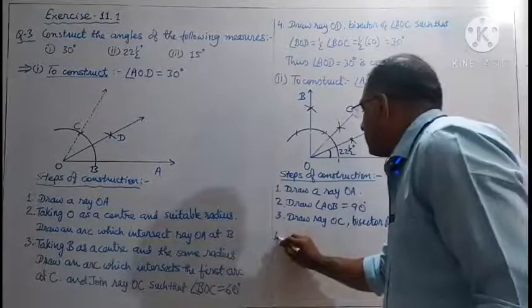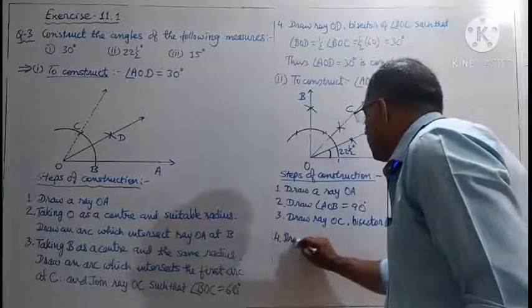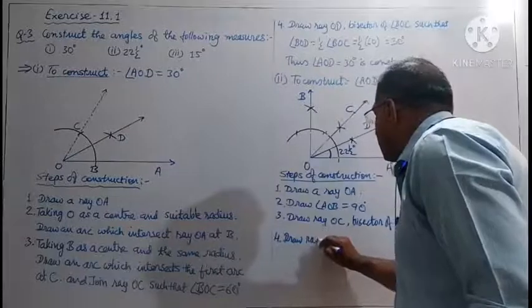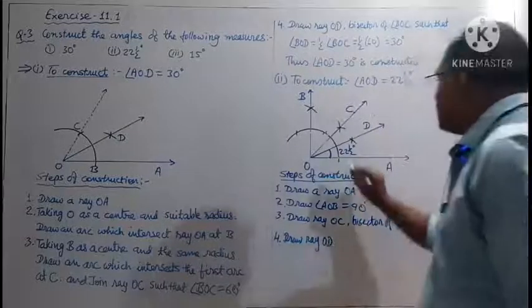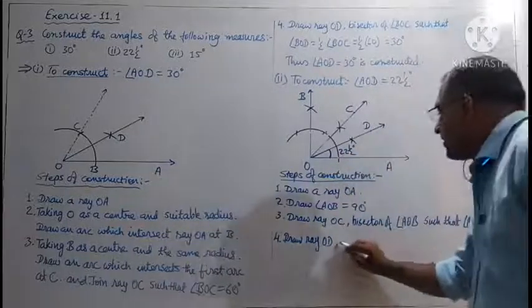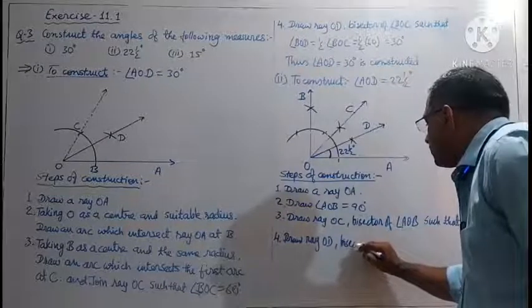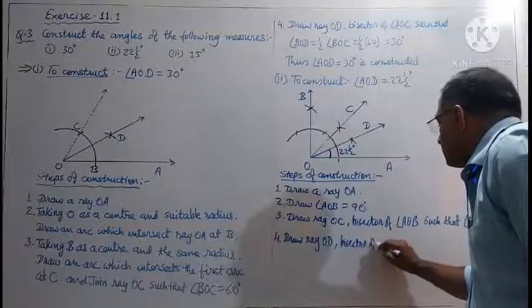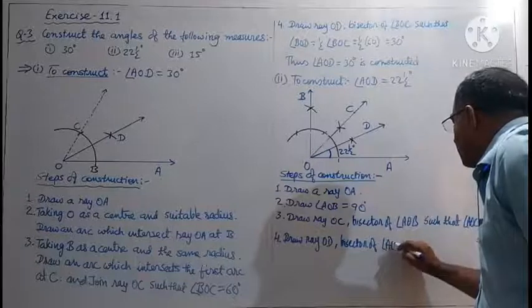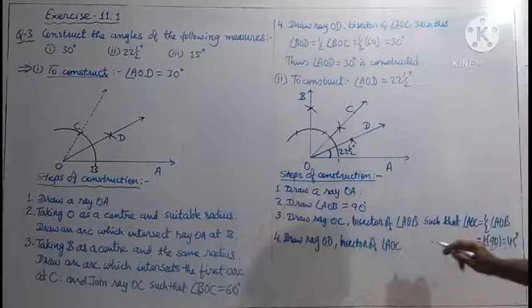Now again draw ray OD. So when we draw this ray OD, that is a bisector. Draw this bisector of angle AOC, that is ray OD.